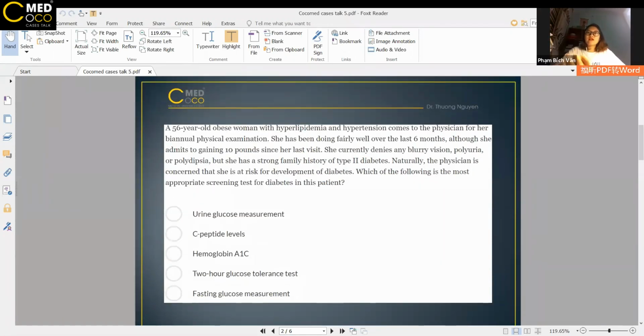Okay. Because the woman hasn't been diagnosed, it's not that she doesn't have diabetes. She comes to the physician for her biannual physical examination. Maybe she hasn't been fasting.